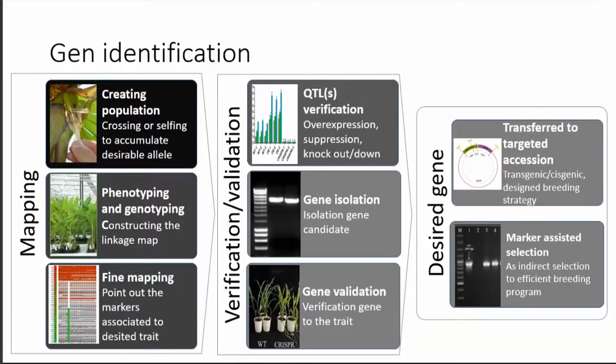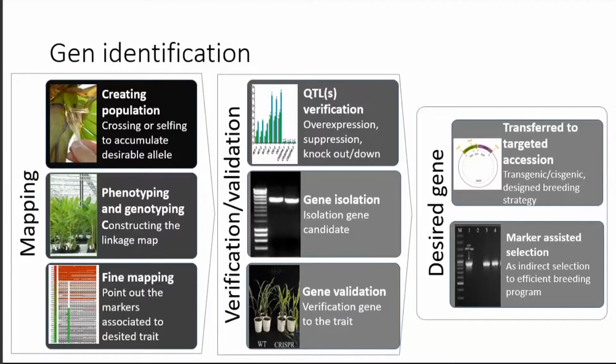So how to validate? We insert the gene into a targeted accession or genotype. If we want to assess resistance, we can insert the gene into a susceptible plant, and if the plant becomes resistant, it's confirmed that the gene is responsible for the resistance.